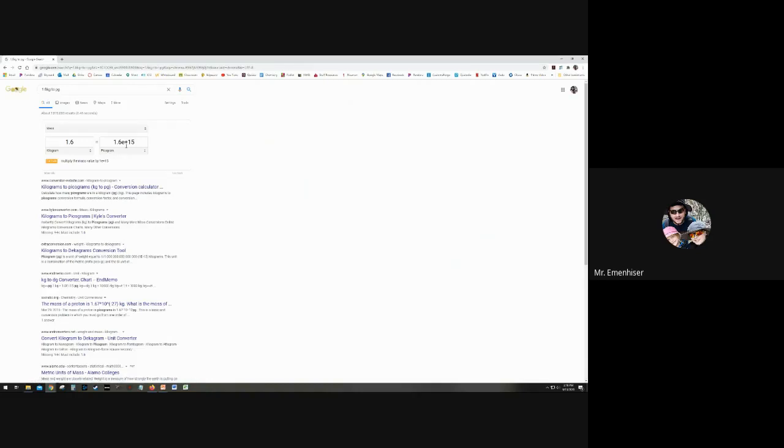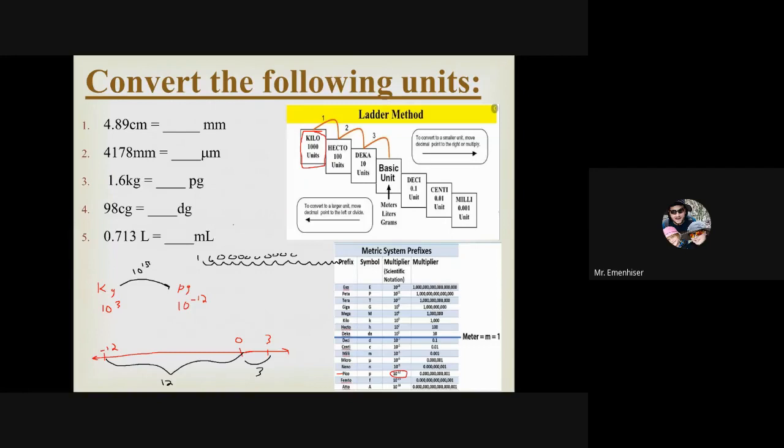It'll tell us that. 1.6 times 10 to the 15. Right? We had 1.6. We moved our decimal place 15 places to the right. So it's 1.6 times 10 to the 15. So that's what we're going to write. 1.6 times 10 to the 15. I'm not going to write this giant number, right, with all the zeros. Okay. Next one.